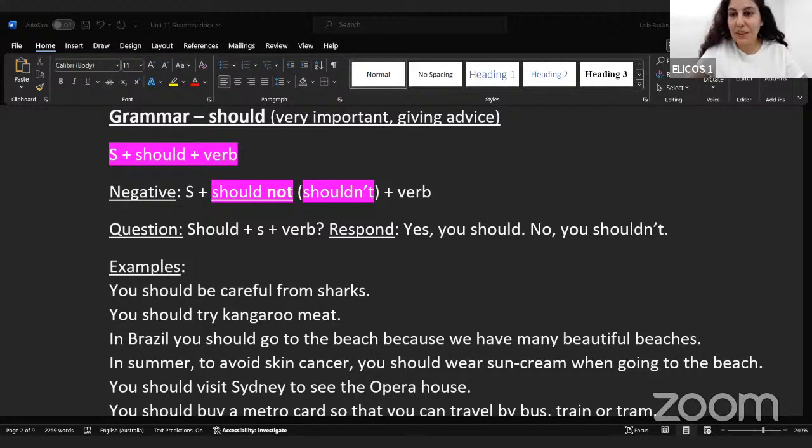Okay, another example is from Edward, and Edward says, when you visit Colombia, you should visit the Chicamocha Canyon, which is located in Santander and is one of the most famous touristic attractions in the country.